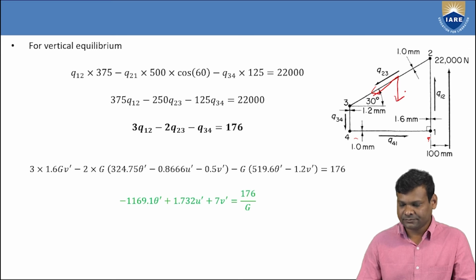This is Q23 cos 60 degrees into length 500, and this is Q41 into length, this is 433.